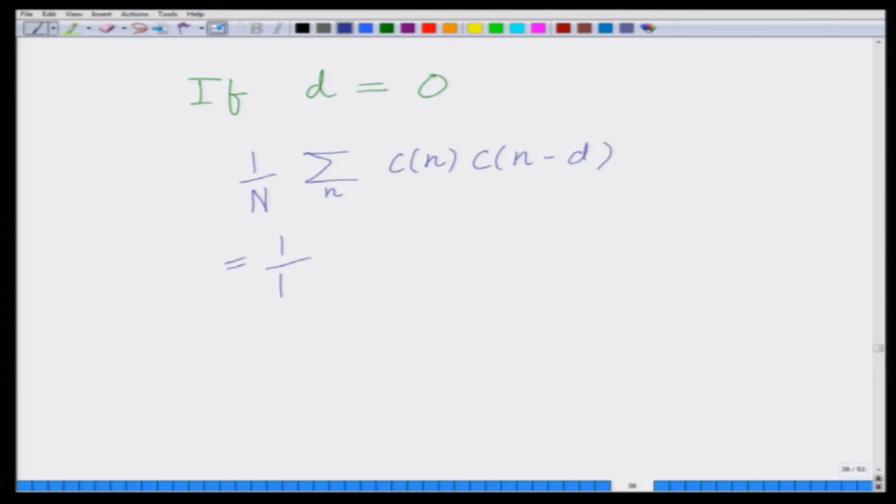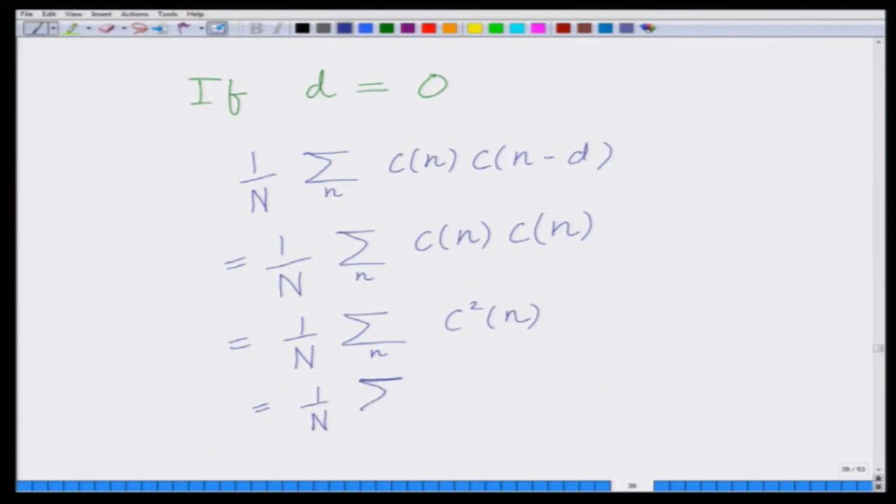So, this is simply Cn times Cn, which is Cn squared, summation over n of C square of n, but Cn is plus or minus 1, which means C square of n is 1. So, this is simply 1 over N summation over n of 1.